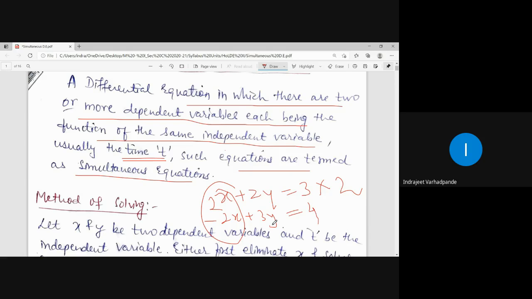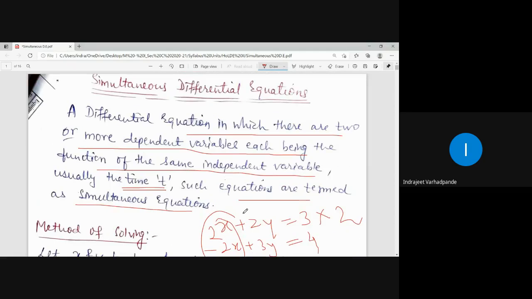Similarly, the same logic is applied for solving simultaneous differential equations. Now, how do we identify that the given differential equations are simultaneous? A differential equation in which there are two dependent variables. Here also, how many variables do we have? We call this particular equation a linear equation in two variables.